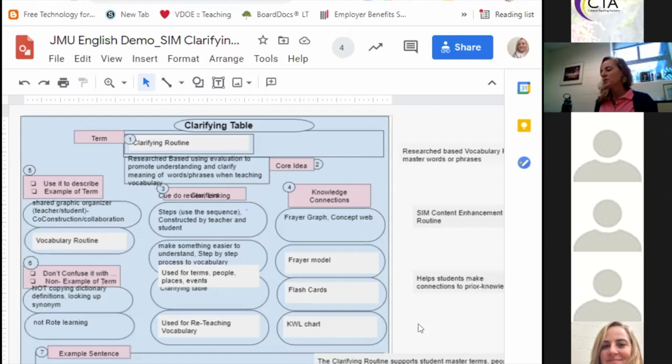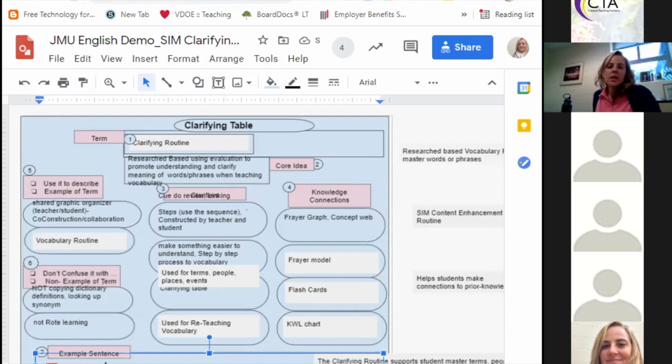So how could we put this? We need a sample sentence that shows that we understand these elements of the clarifying routine. So if I were to write, the clarifying routine does what?